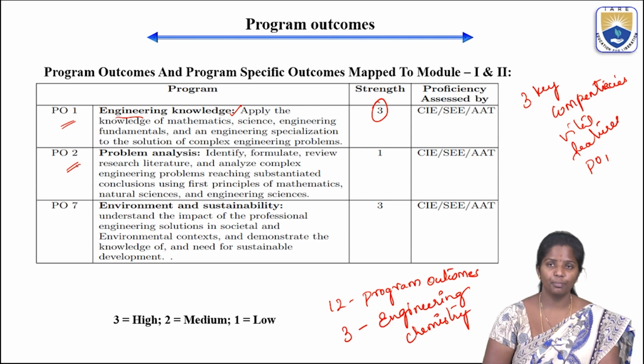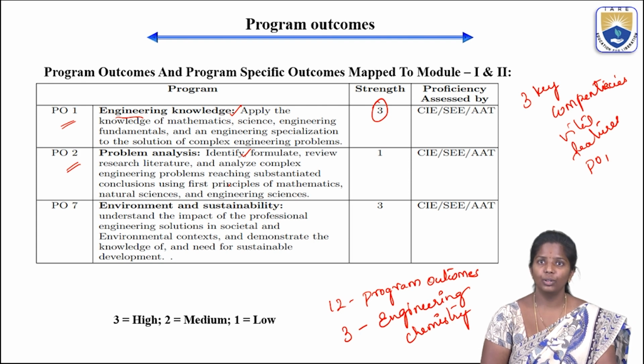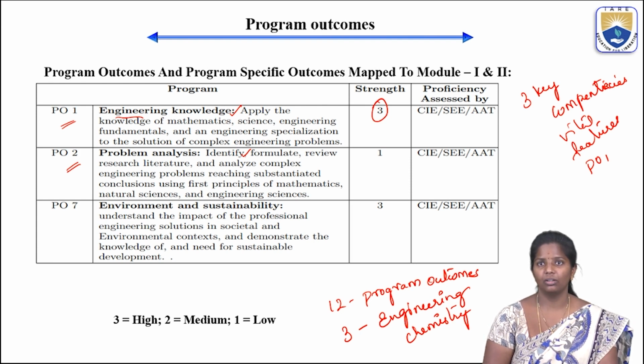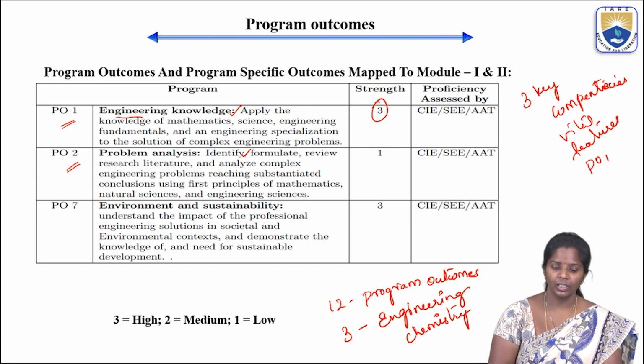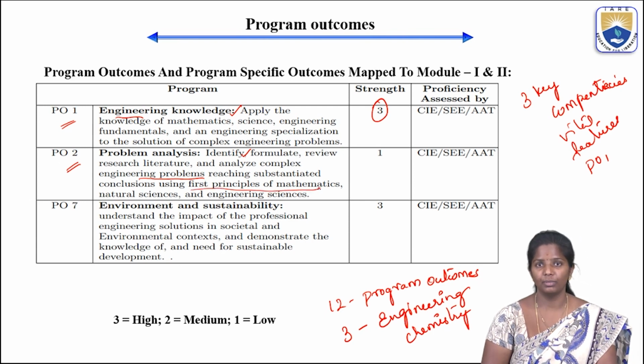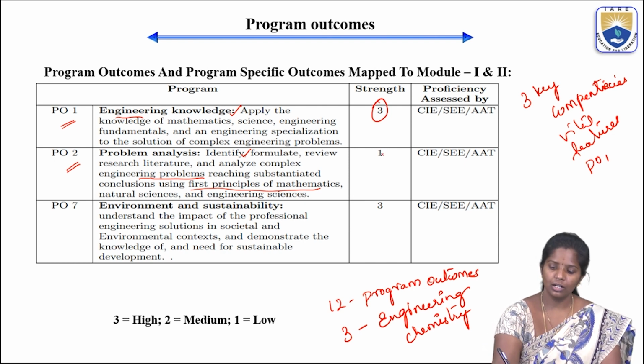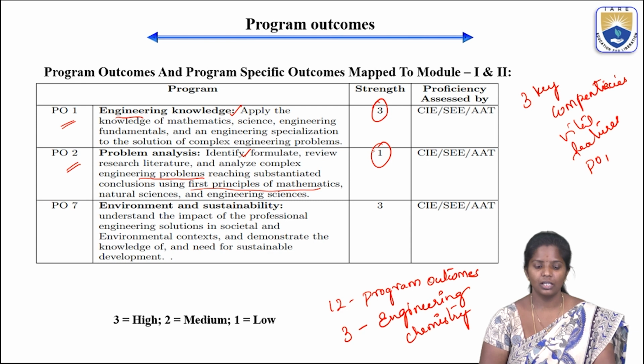The next one is PO2, problem analysis, where we will be using identify, formulate, review literature. Depending on the literature, we also try to solve the problems in engineering, and first principles of mathematics, natural sciences and engineering sciences can be used. So this has a strength of 1 because one of the key competencies is matching.